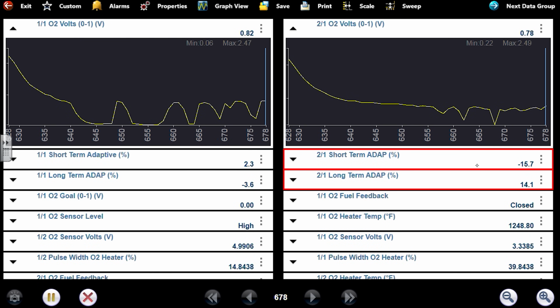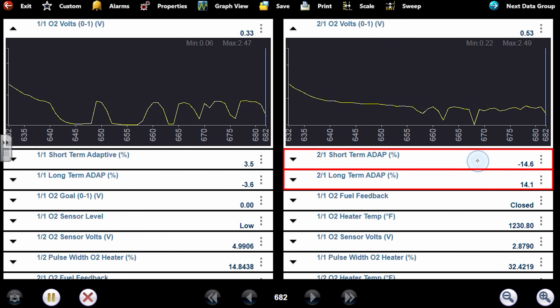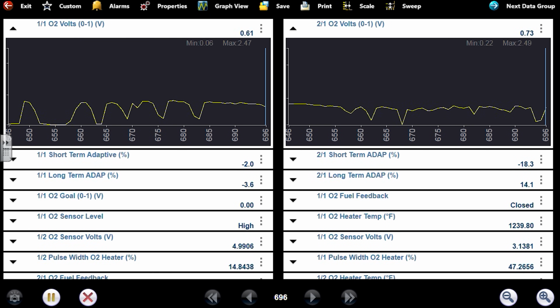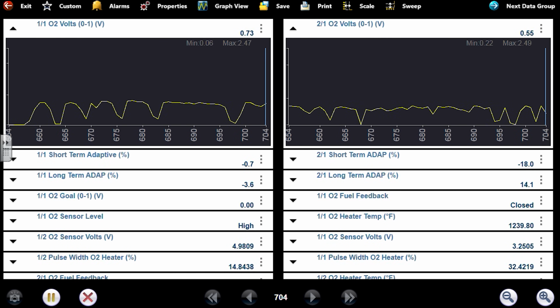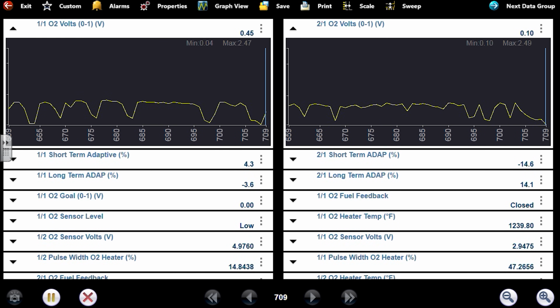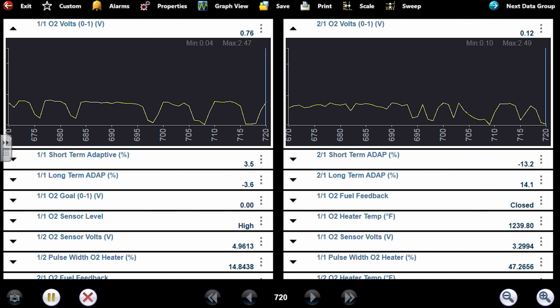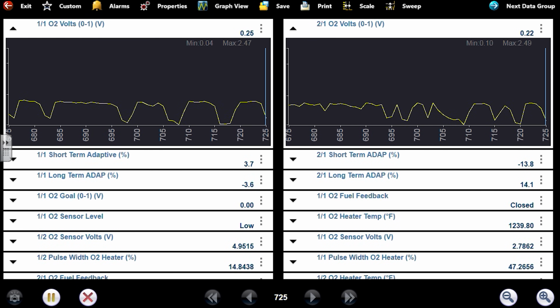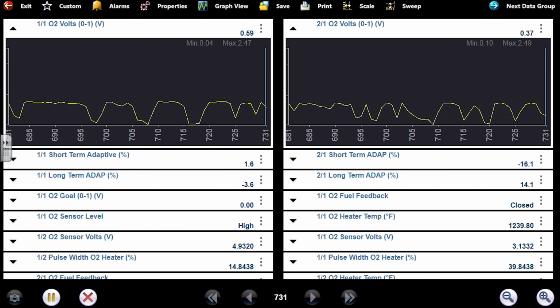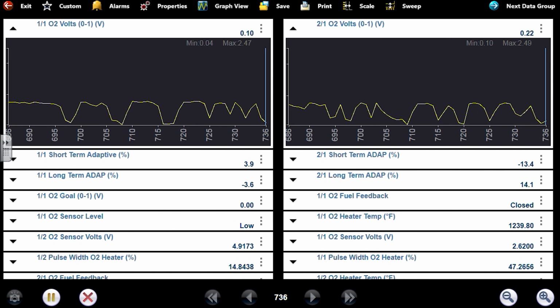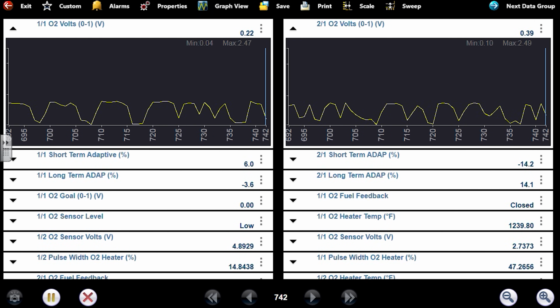That's what that means when you see these counter fuel trim numbers. This is, I'm pretty sure, going to be an oxygen sensor problem. In particular because of what we're seeing here with the long term and short term, that right now they're countering each other. But we're gonna watch this O2 and see if it does in fact die on us. Right now it looks good, right now it's functional.